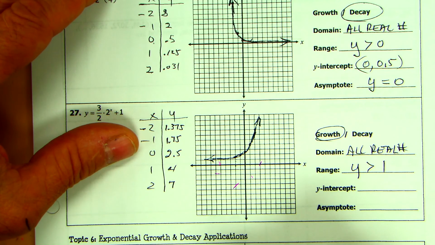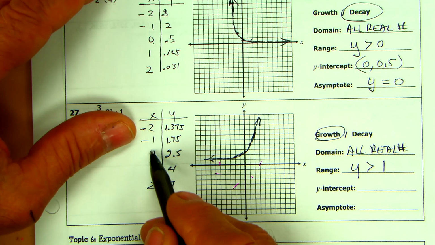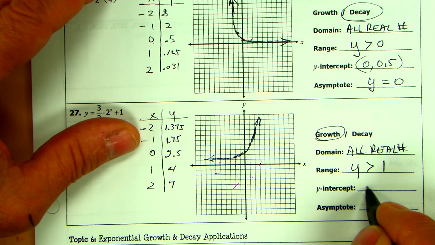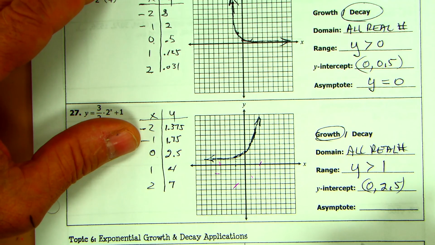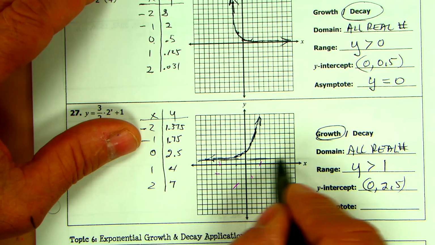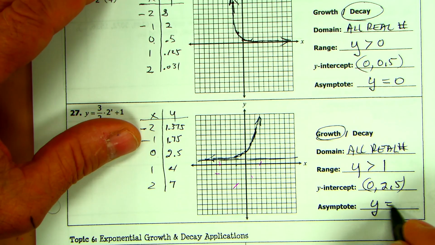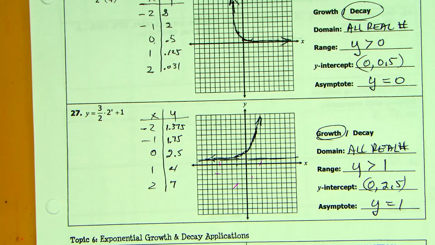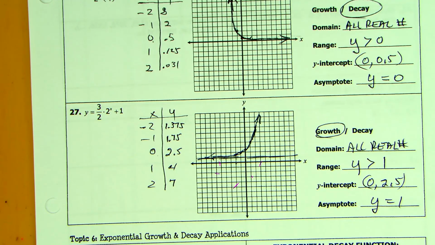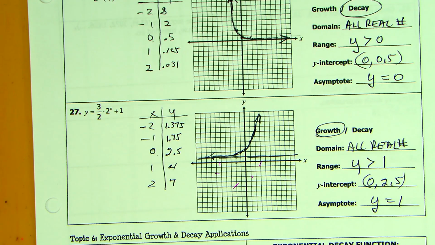The y-intercept, the value where x is 0, is 2.5, so I have (0, 2.5). The asymptote is at y equals 1. Okay, so that's topics 4 and 5. In the next video, we'll cover the rest of the topics.